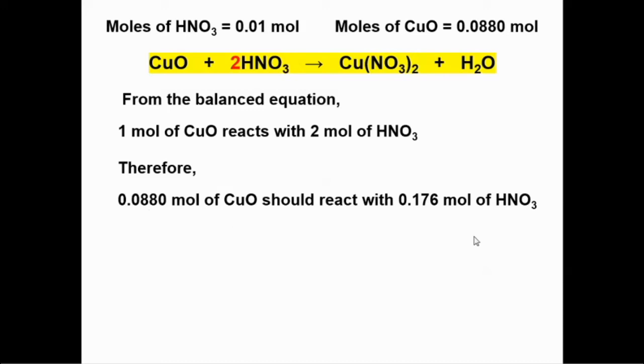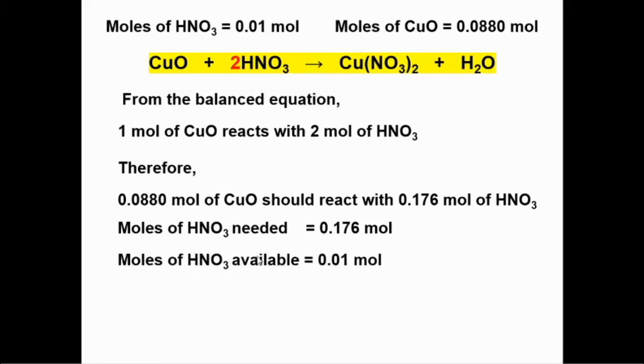And do we have this amount of moles of nitric acid? So now let's look back at the moles of nitric acid that we have. We have 0.01 mole of nitric acid, and the moles of nitric acid needed to react with 0.088 moles of copper(II) oxide is 0.176 mole.